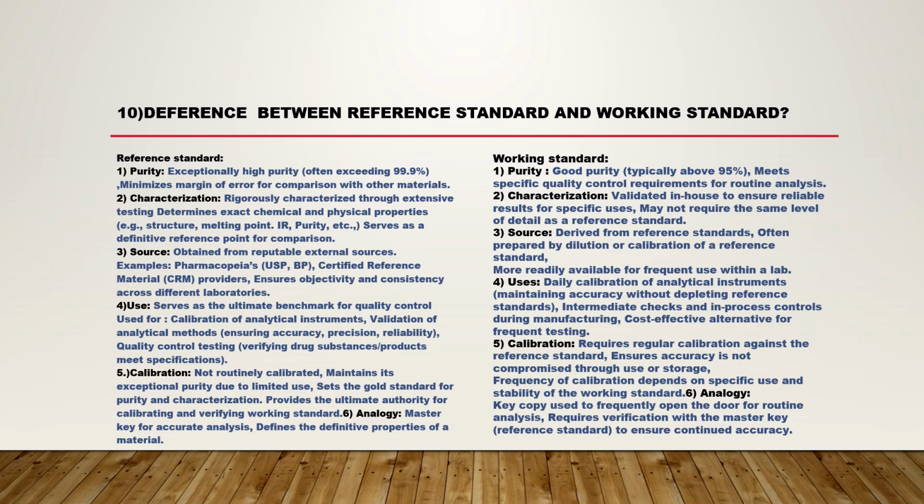Calibration: requires regular calibration against the reference standard, ensuring accuracy is not compromised through use or storage. Frequency of calibration depends on specific use and stability of the working standard. Analogy: a key copy used for frequently opening the door for routine analysis, requires verification with the master key to ensure continuous accuracy.